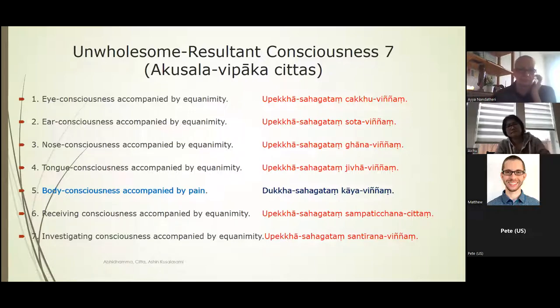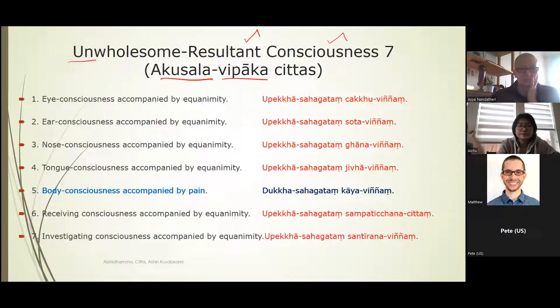The first group, unwholesome resultant consciousness, has 7. Akusala vipaka cheta: kusala means wholesome, akusala means unwholesome, vipaka means resultant, and cheta is consciousness. So there are 7 kinds of chetas.